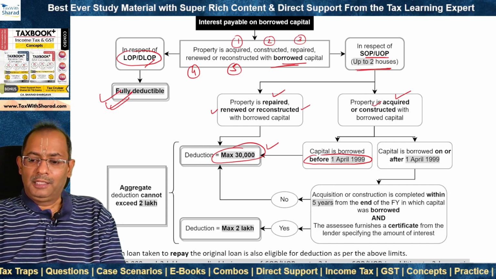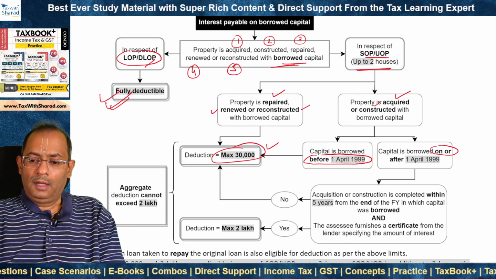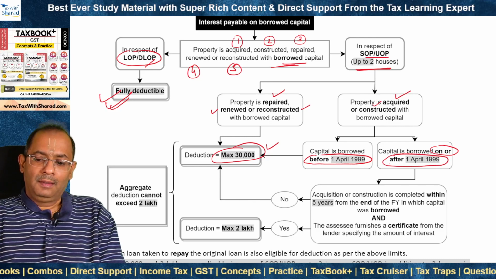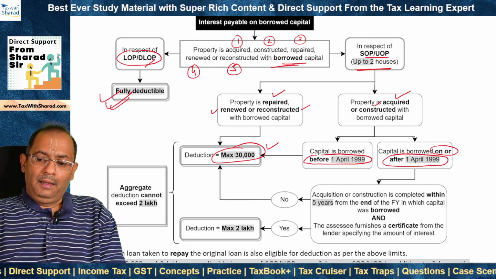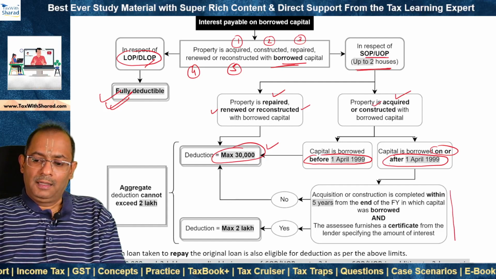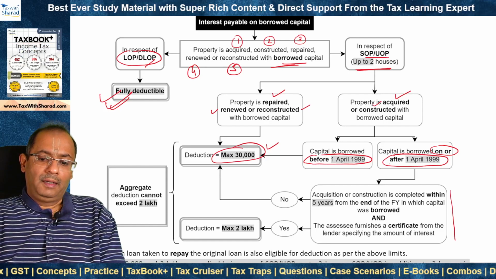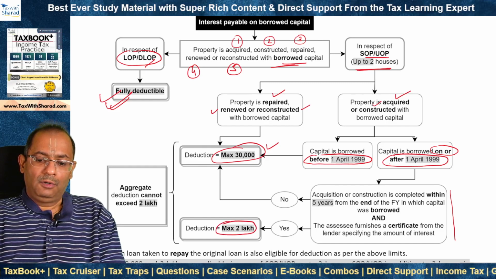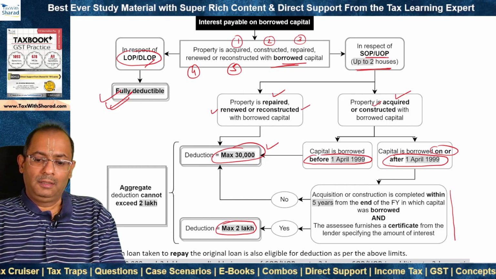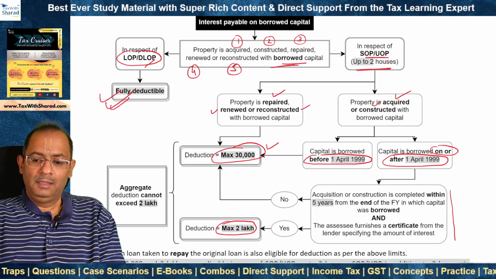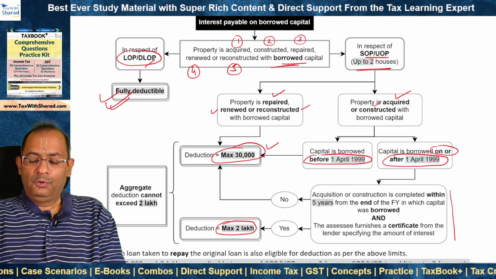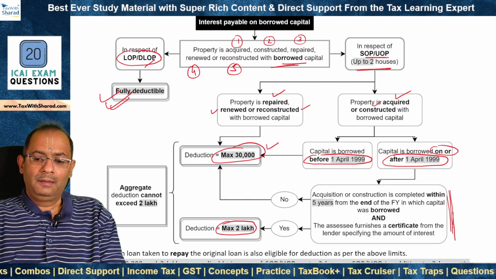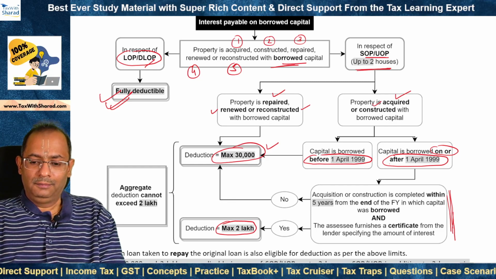However, if the capital has been borrowed on or after 1st April 1999, then if further 2 conditions are satisfied, the deduction limit is enhanced to a maximum of 2 lakh rupees. So this 30,000 gets enhanced to 2 lakh rupees. If both of these conditions are not satisfied, then the deduction remains limited at 30,000.